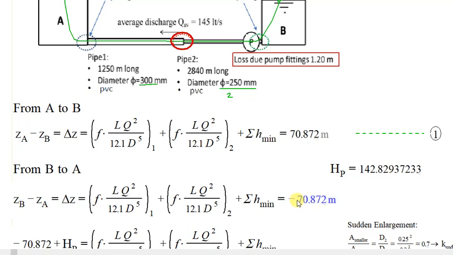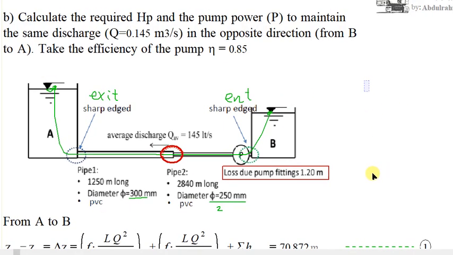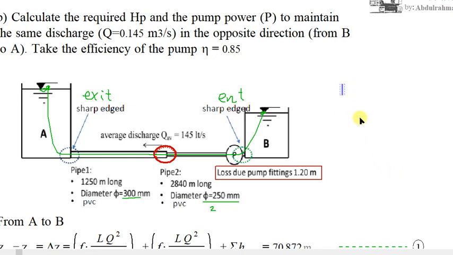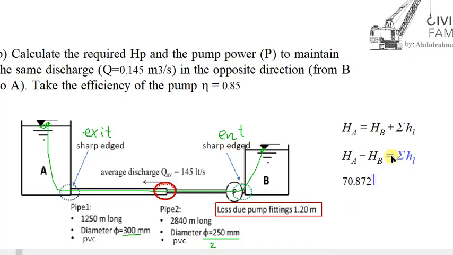I'm trying to make it simple: head A equals head B plus the head losses. If we take the difference in both heads A and B, it equals the summation of head losses. This difference was 70 point something, equal to the head loss.